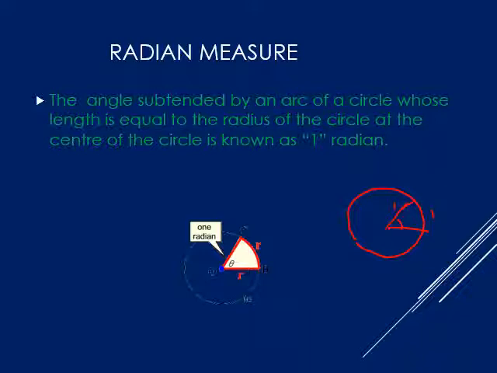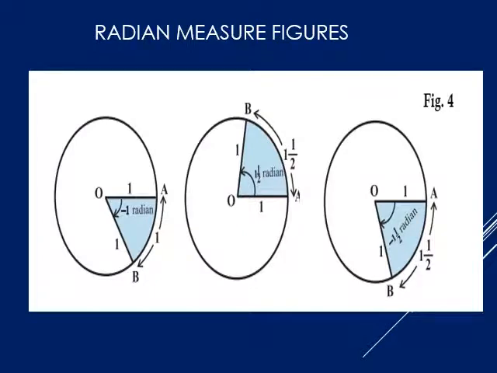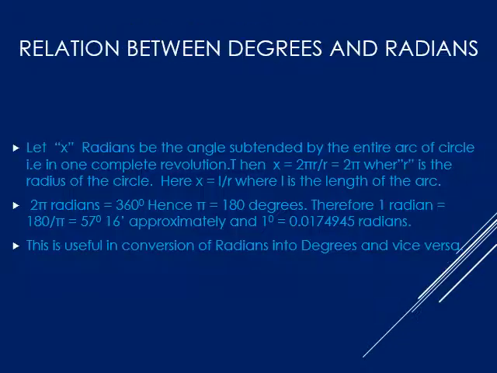That means the angle subtended by an arc of length 1 in a circle of radius 1 is called 1 radian. So 1 degree is written as a small circle, and 1 radian is written as 1 raised to c. Now you see, this is the anti-clockwise direction, so minus 1 radian is in the other direction. This is anti-clockwise 1.5 radian. This is minus 1.5 radian.